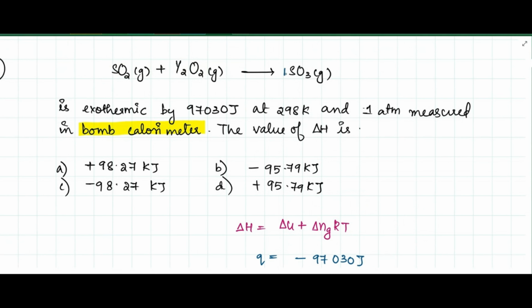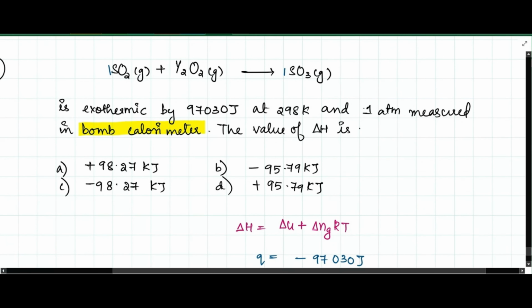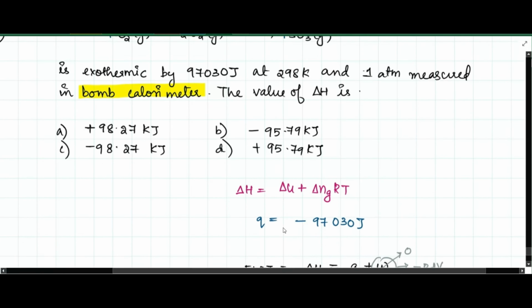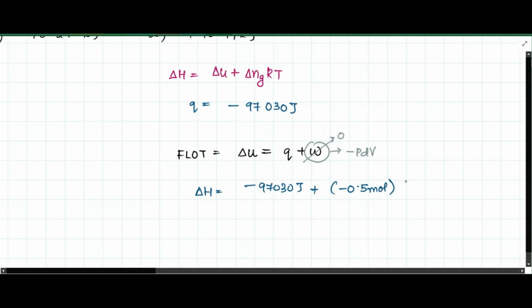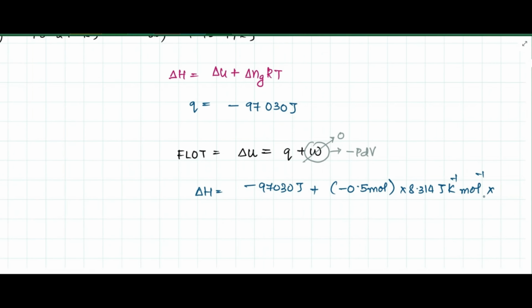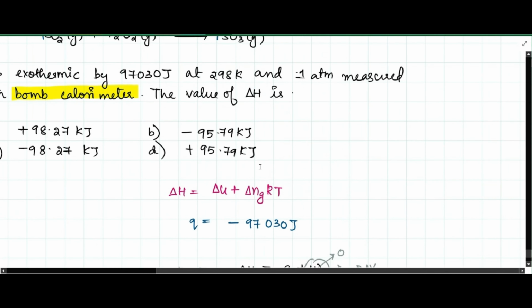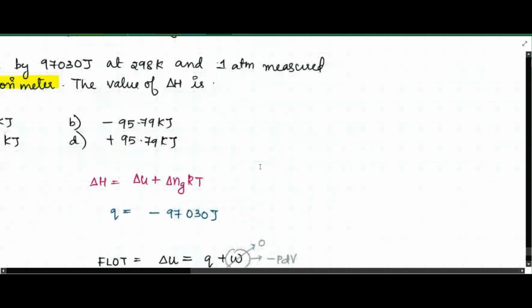In the product there is 1, here 1.5. 1 minus 1.5 is minus 0.5. Minus 0.5 mole into R, which is 8.314 joules per Kelvin per mole, into the temperature, which is 298 Kelvin.